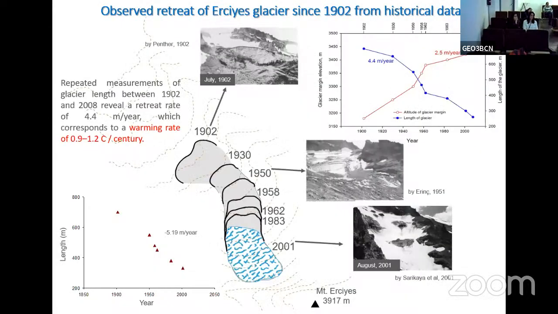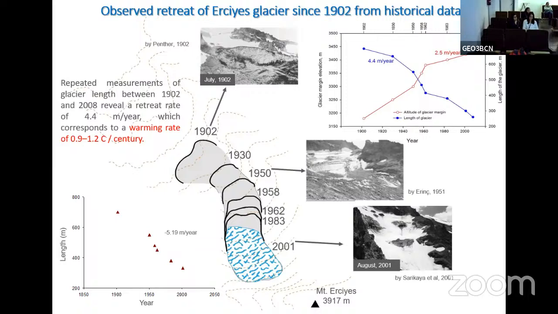What is good about here is that we still have a small glacier that has been surveyed for 100 years, so we can calculate the speed of melting. In other words, we measured this in 2001, for example. It was here, probably today it is somewhere here, but 100 years ago it was even much, much lower.